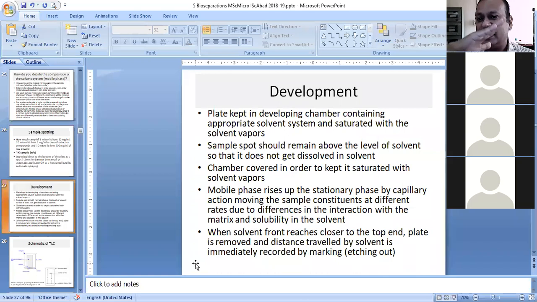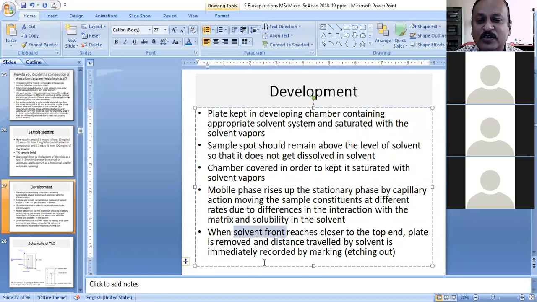And if the line is inclined, then obviously all the samples which are placed one after the other will not be carried to the same extent during the run. Is it okay? Yes, sir.